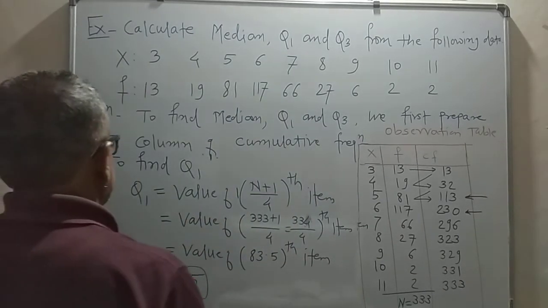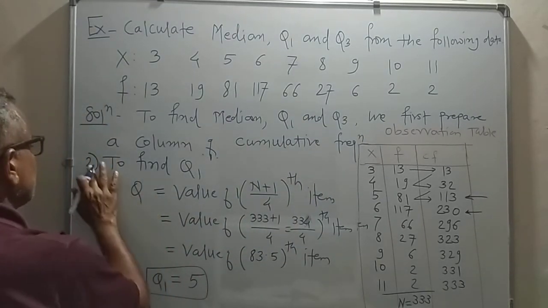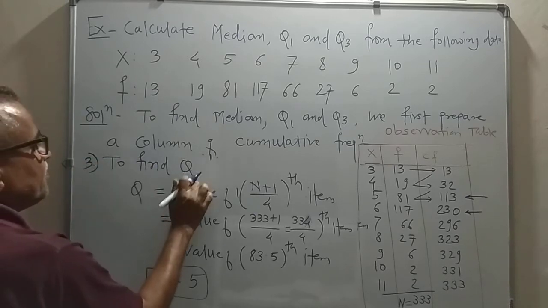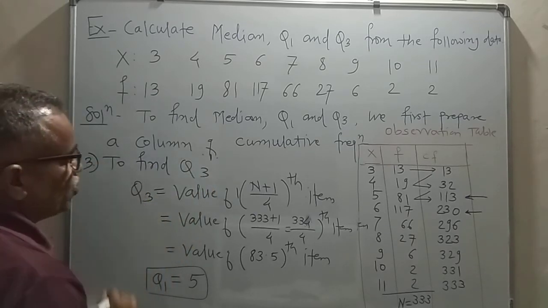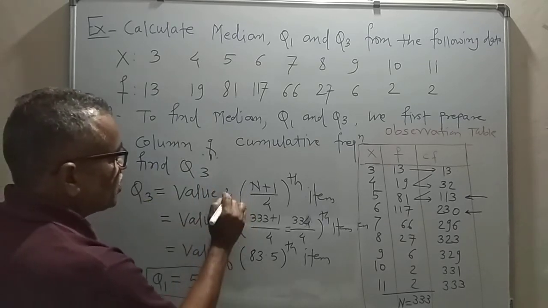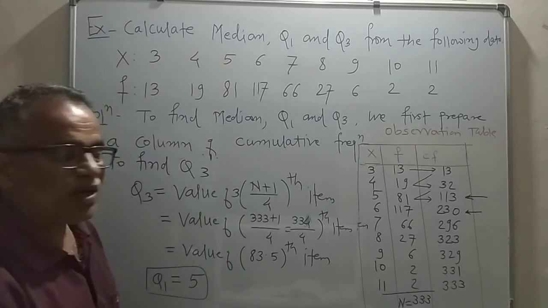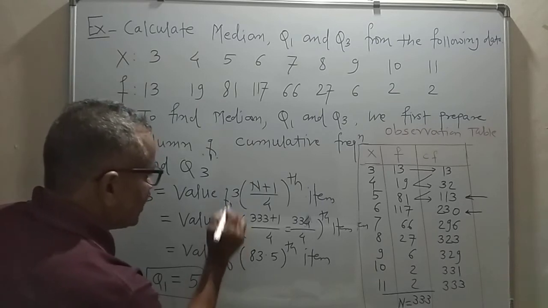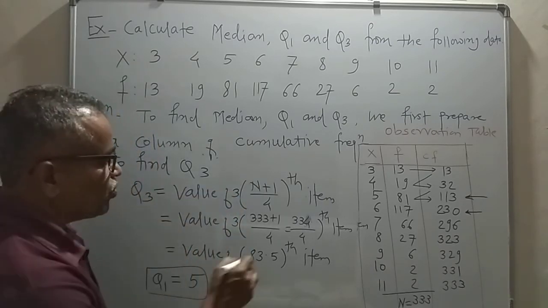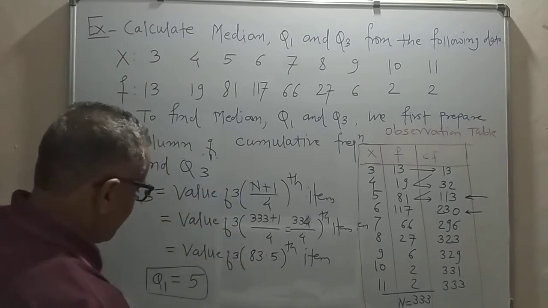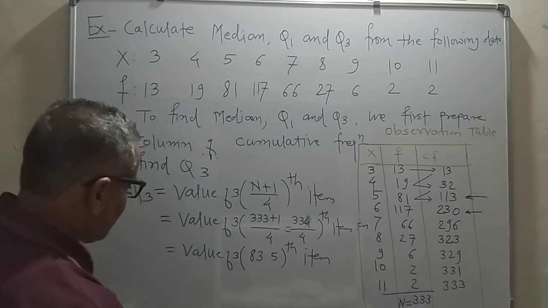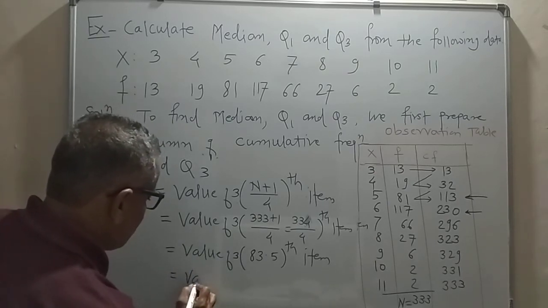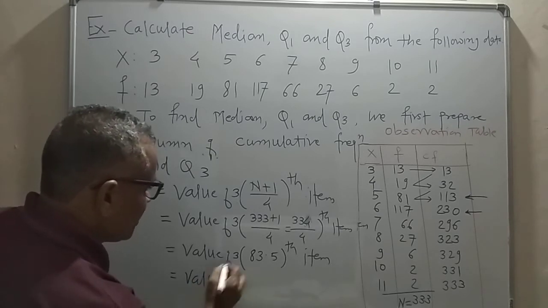In the same way we can define the third quartile. Q3 is equal to the value of 3 into (n plus 1) divided by 4 th item. The only change is the multiplication by 3.